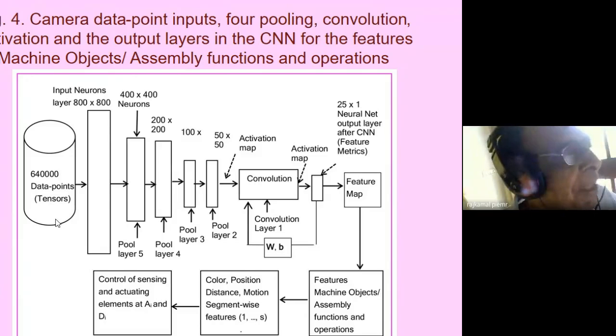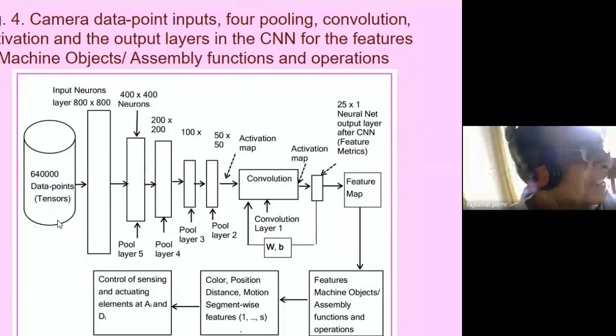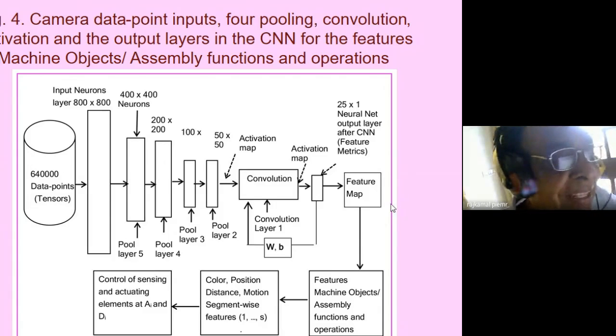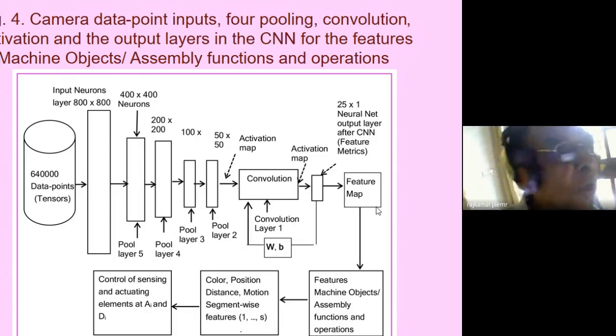What is my aim? I have a large number of data points. I have taken the camera image of Dr. Rajkamal, let us say, or anyone, let us say Professor XYZ, an image consisting of 6400,000 pixels. My human mind, my neurons, converted it into features, and those features are stored in my mind.